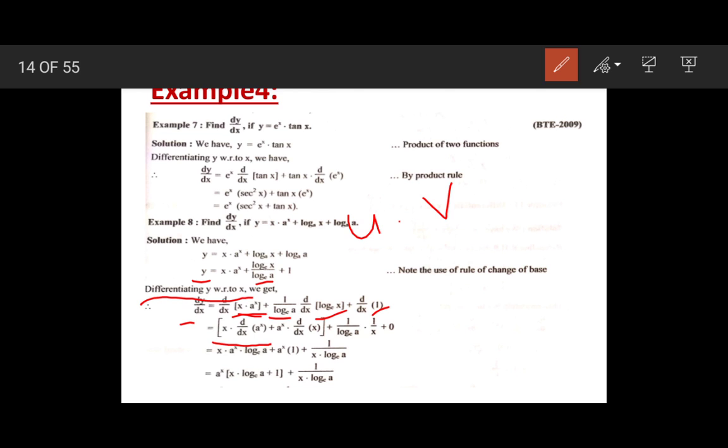So x into derivative of a raised to x plus a raised to x into derivative of x, u into derivative of v plus v into derivative of u, plus 1 upon log a constant outside, derivative of log x is 1 upon x plus derivative of 1 is 0. So that is equal to x into a raised to x log a plus a raised to x into 1 plus 1 upon x log a. Okay, so finally we get this answer. Clear?